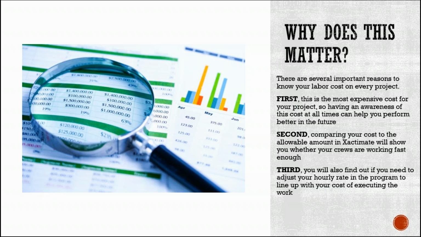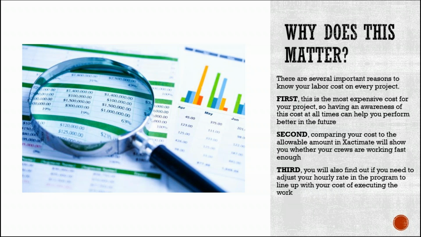Second, comparing your cost to the allowable amount in Xactimate will show you whether your crews are working fast enough. Guys, for those of you who don't know this, Xactimate makes an assumption of how long it'll take your guys to perform their functions. At the end of every Xactimate estimate, you can create a labor production log that says how many hours are assumed in the invoice you've created.